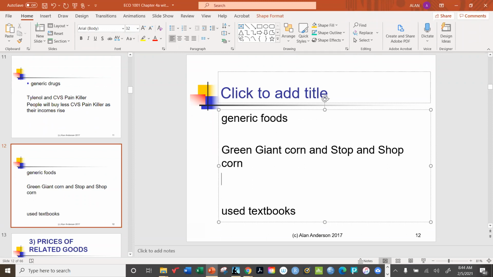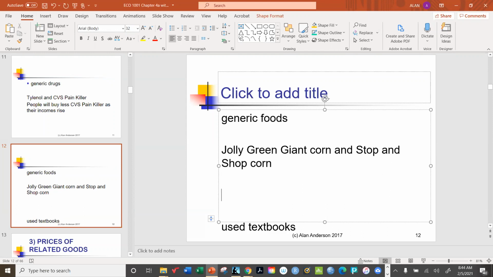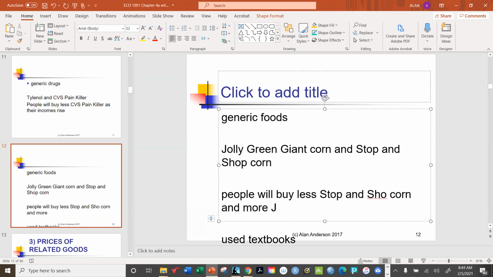And you look at them and say, well, it's Jolly Green Giant. So what's the difference between the two is that probably the Stop and Shop corn is significantly cheaper than the Jolly Green Giant corn. But again, Jolly Green Giant is a well-known brand name, and Stop and Shop, of course, is whatever it is. And so people will buy less Stop and Shop corn and more Jolly Green Giant as their incomes rise.